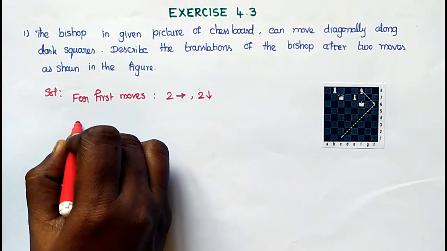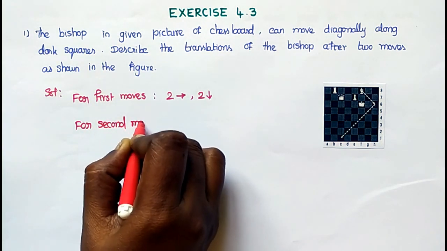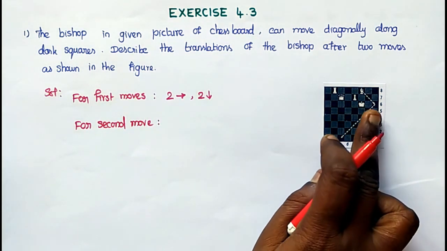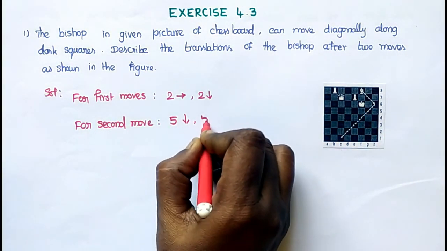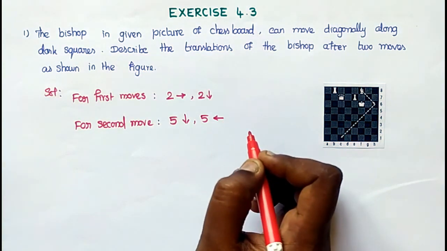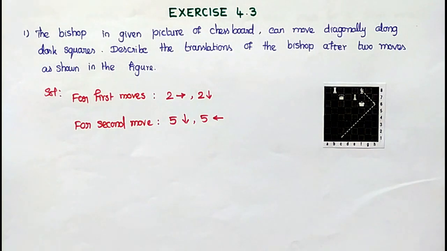That is the first move. For the second move, 5 moves downwards and 5 moves left side. So that is the answer for this picture.